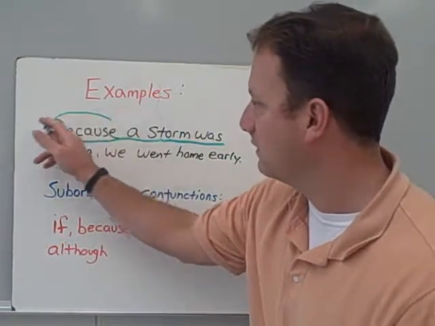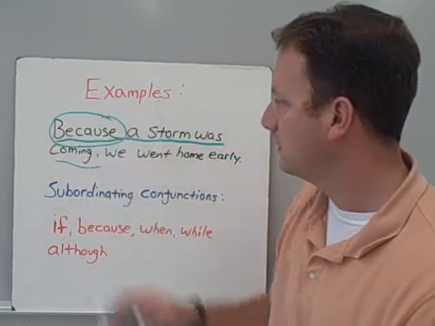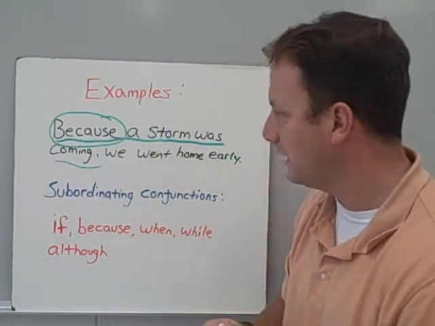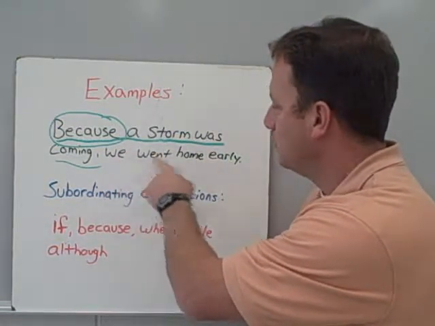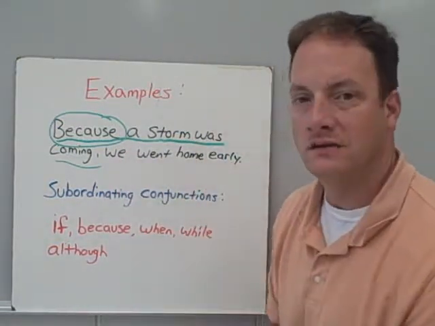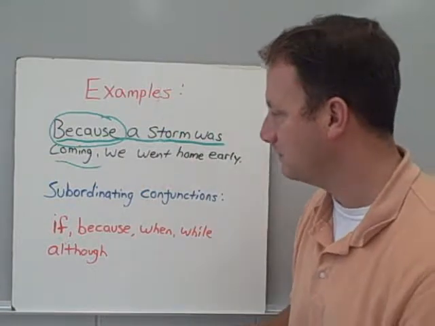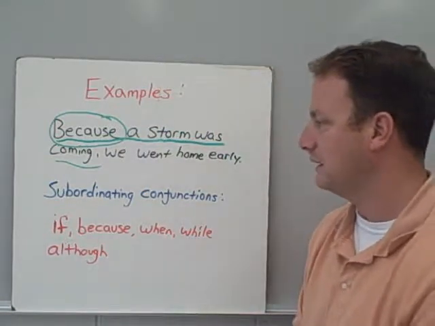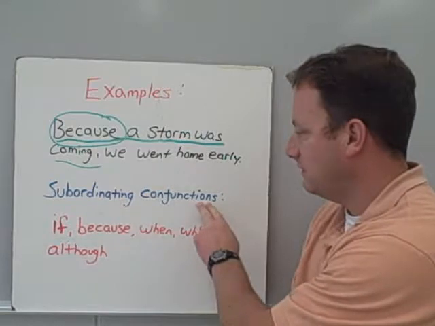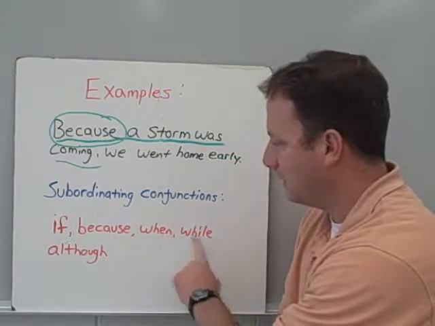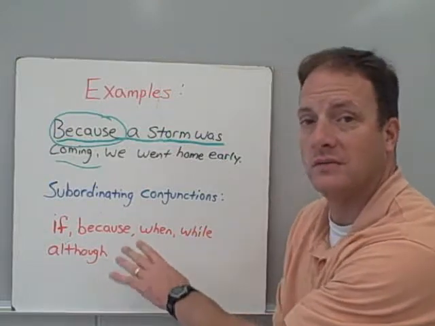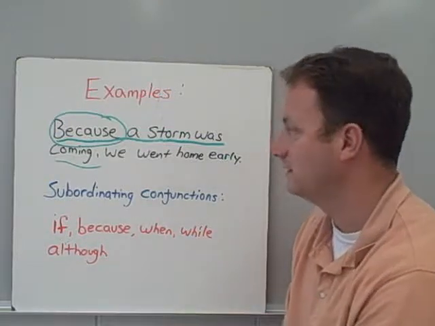It starts with the word because. That's a subordinating conjunction, okay? Because a storm was coming, we went home early, all right? So now those two together help form a complete thought. Subordinating conjunctions are if, because, when, while, and although. And I told you that there are more, which we'll talk about in class.